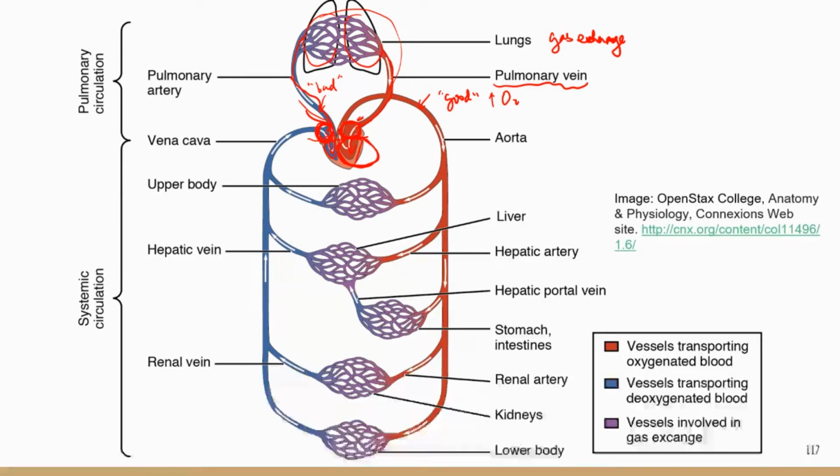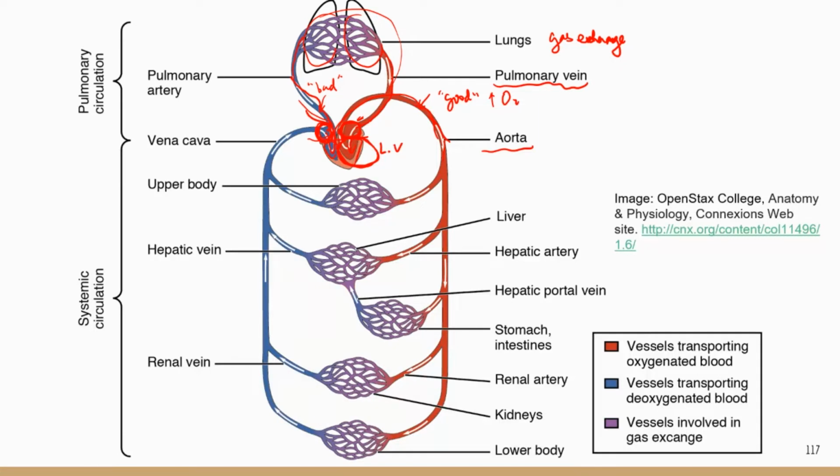All right, now we're starting the systemic circuit. So we're going to start from the left ventricle. The left ventricle is going to pump the good blood into the aorta, right? Aorta right here. And the aorta will eventually split into smaller arteries and then even smaller arterioles that will go to your tissues.